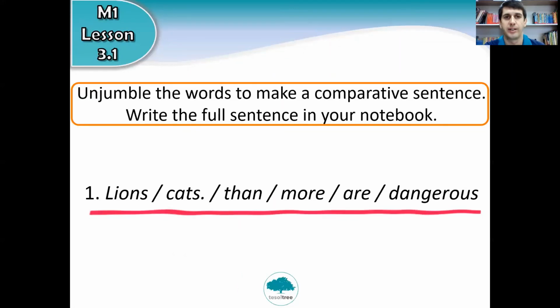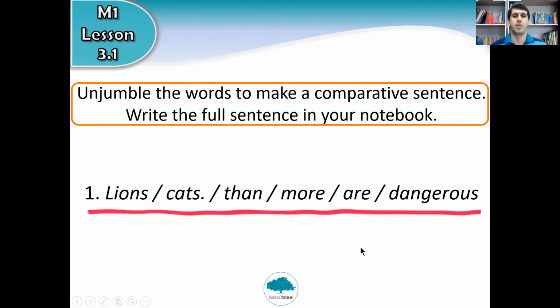Question 1. Now in this orange box, the instructions: unjumble the words to make a comparative sentence. You need to write the full sentence in your notebook. So number 1, these are the words. So when you've unjumbled them, use these words to write a sentence in your notebook.